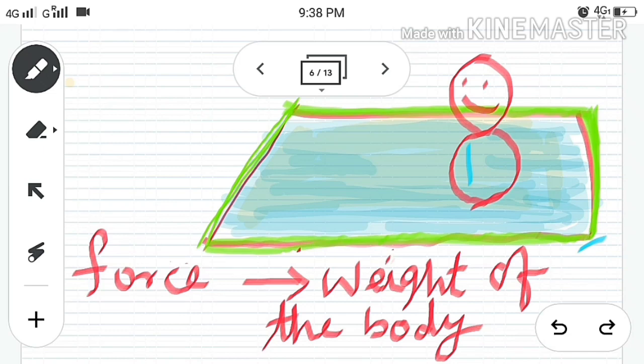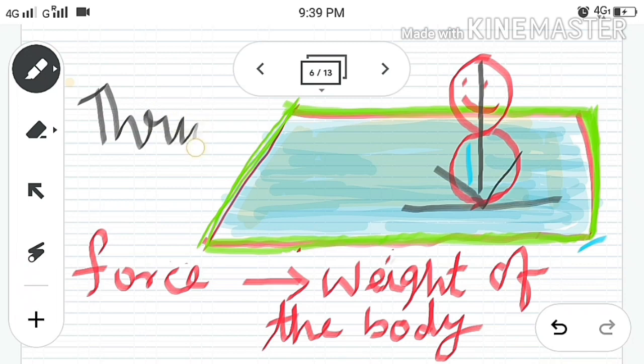Children, you should know that the weight of the body is actually the force that acts vertically downwards at the point of contact with the surface. Okay, now tell me how this force acts on the surface? Yes, it acts perpendicular to the surface. And what is the name of this force, children? It is nothing but thrust.